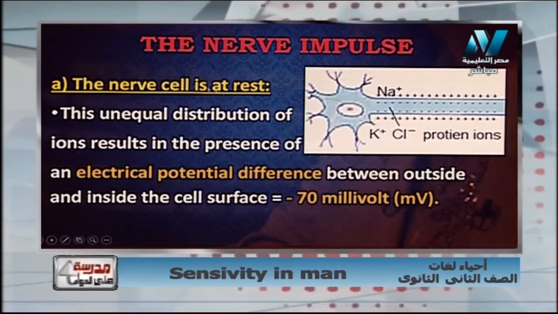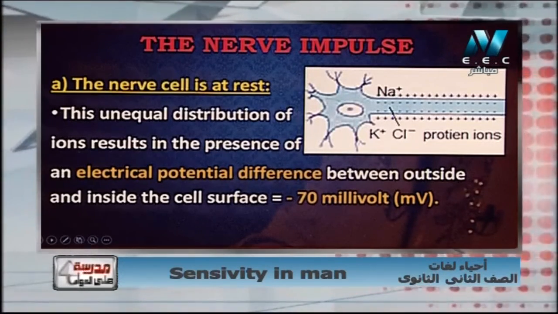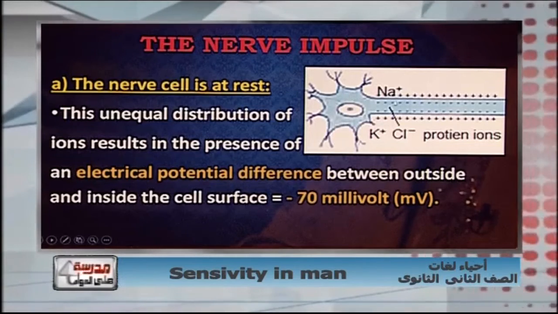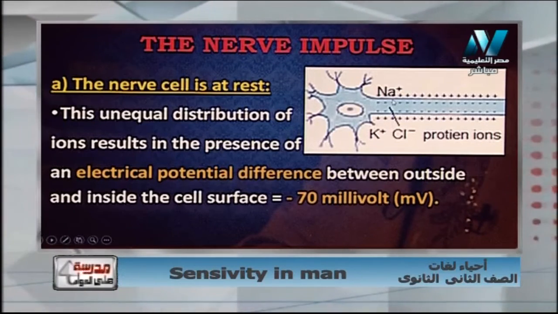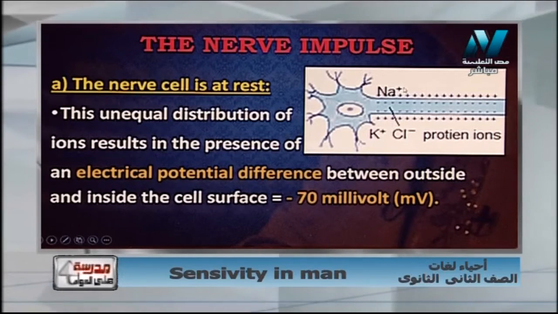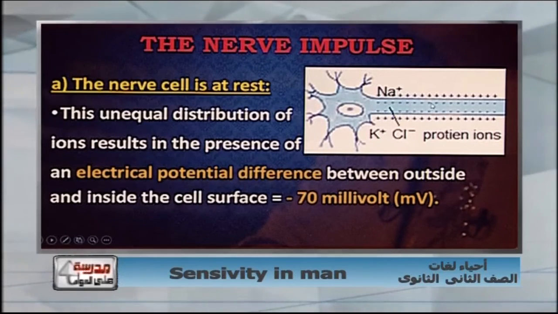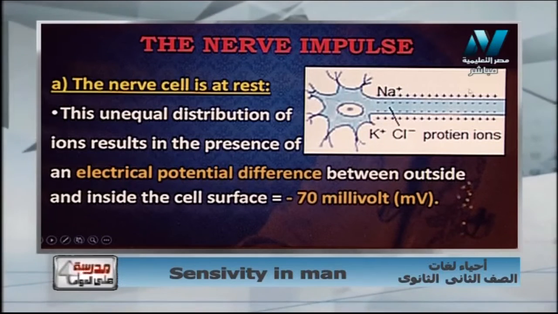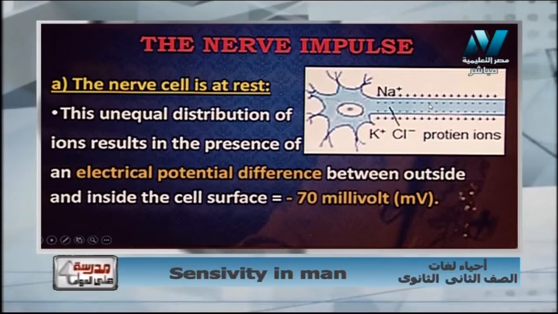And this keeps the plasma membrane a selective semi-permeable membrane, as you know. And this selective permeability makes the positive ions accumulate outside and negative ions accumulate inside. So the outside of the nerve fiber is positive and the inside is negative.